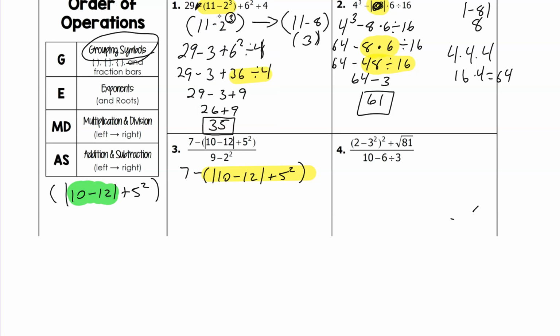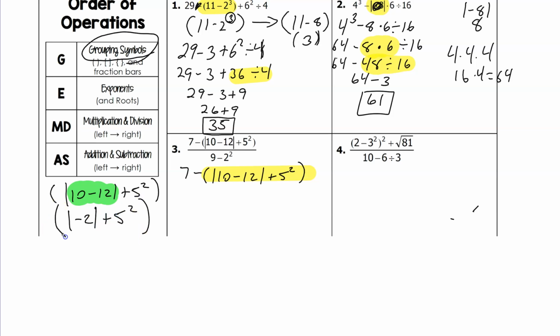When we deal with that first, what does that get us? Well, 10 minus 12 is what? -2. So that would mean that we have the absolute value of -2 plus 5 squared, all in these big parentheses.